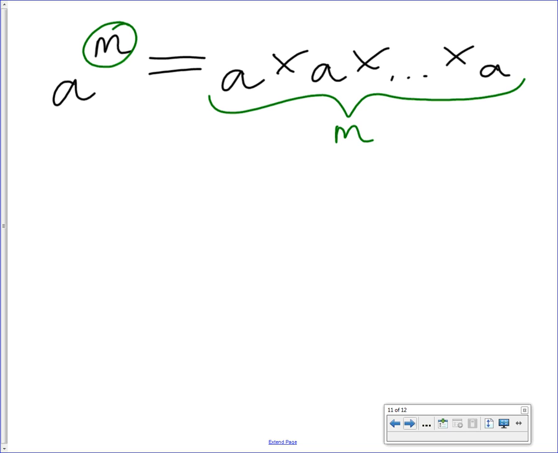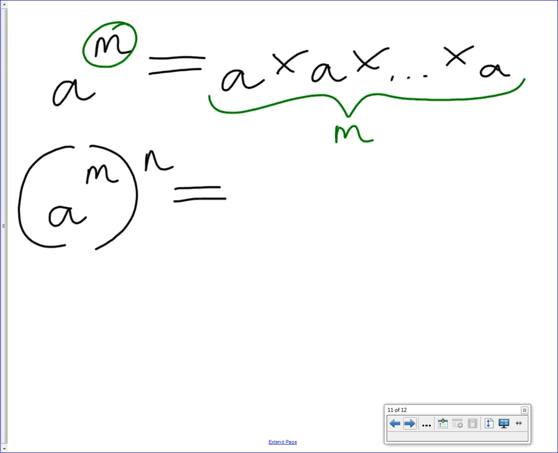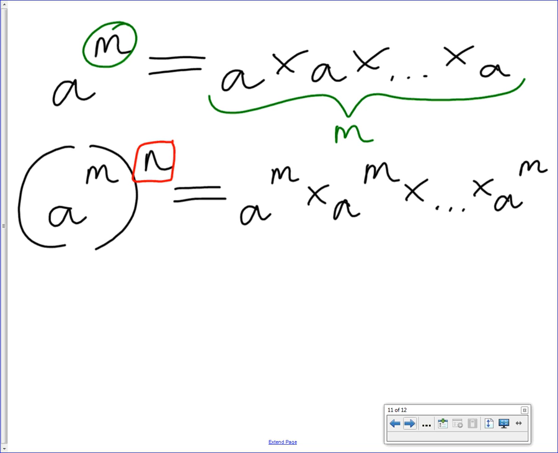Now, if we had a to the power of m in brackets and all to the power of n, that is equal to a to the power of m times a to the power of m times a to the power of m times a to the power of m, n times.